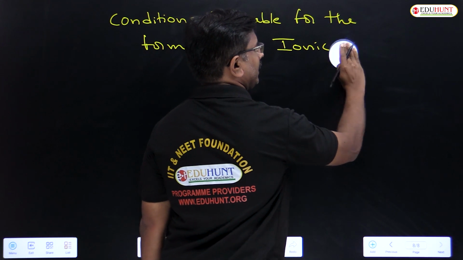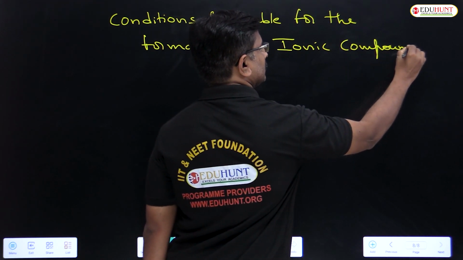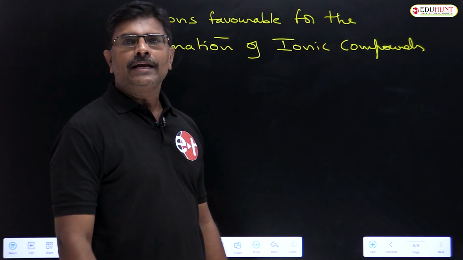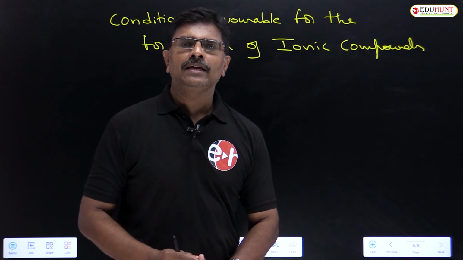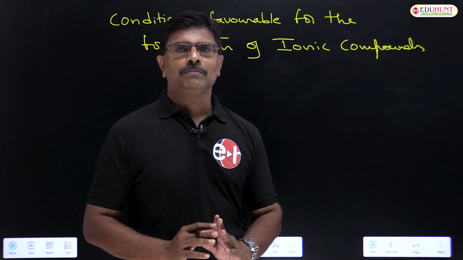I will keep the heading in this way, ionic compounds. So, what's the topic? Conditions. We are just simply discussing the conditions that are favorable for the formation of ionic compounds.